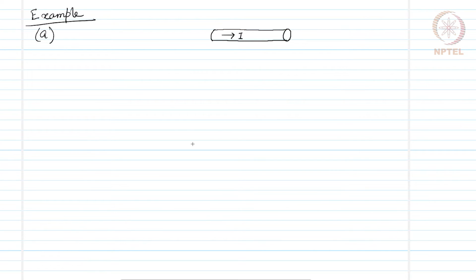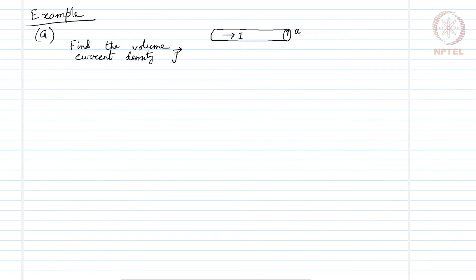The radius of this cross section is A. We are supposed to find the volume current density J. How do we find this?